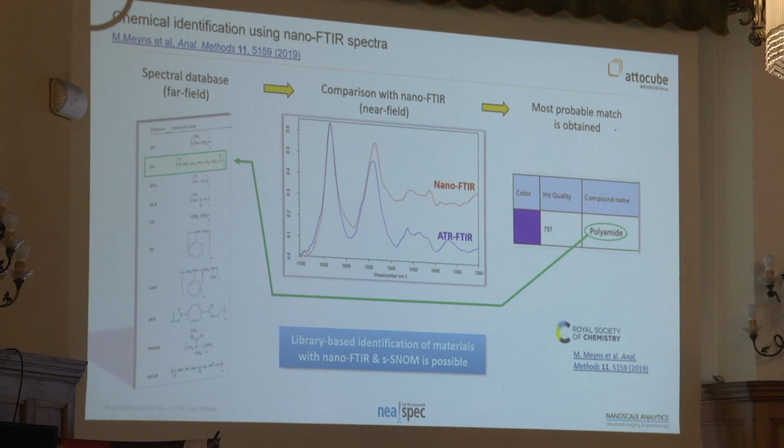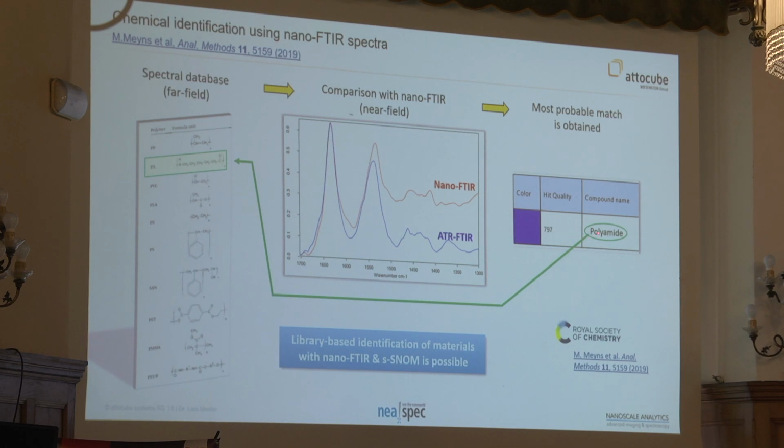But we have computers, so you do have the option to use a far-field infrared spectral database, which contains a lot of different spectra. And you can compare this with nano-FTIR phase spectra in this case. And the computer will tell you what is the most probable match of this spectrum.